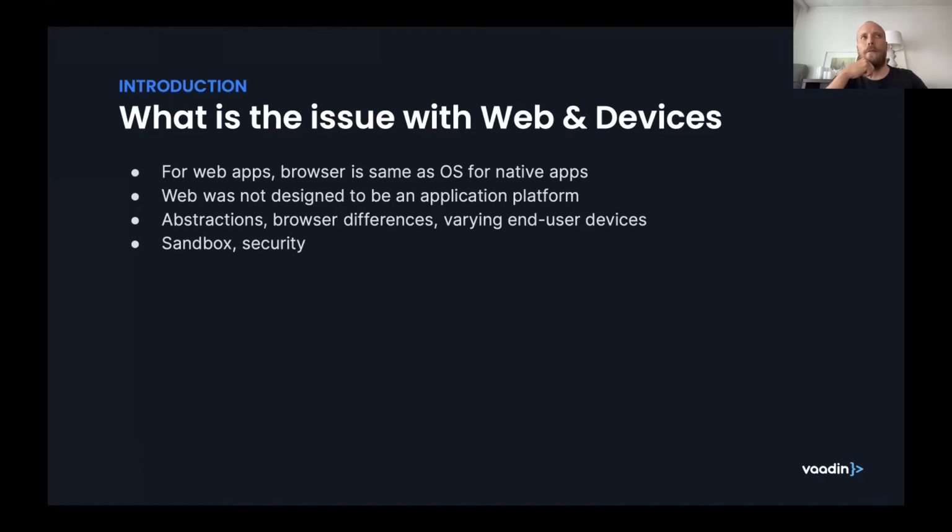Web was designed for hypertext originally, and then somehow it became the most popular application platform for the future as well. Also, in the browser, because that's a network thing, there must be extra concern for security and so on.